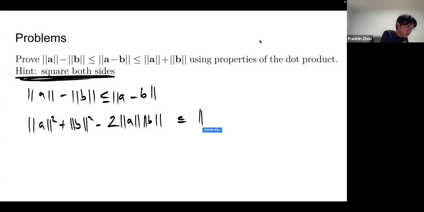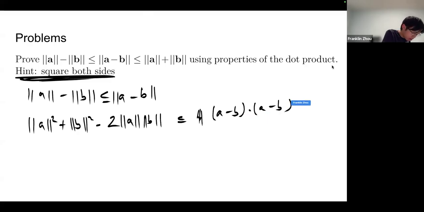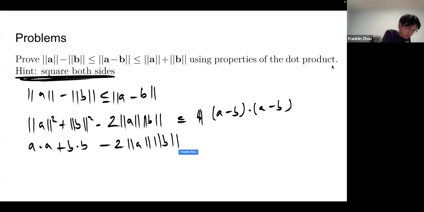And remember that when we have two magnitudes, it turns into a dot product of the two vectors. So this thing will become, and we just expand the left-hand side as well.